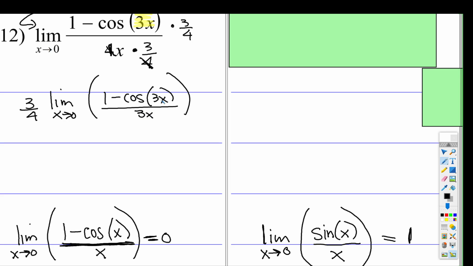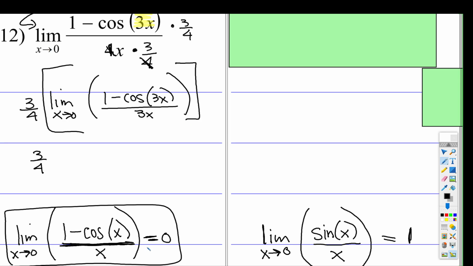Now that these match, we know that this entire phrase equals 0. So now it's just 3/4 times 0, which is 0. Okay, I'm going to cover that up.